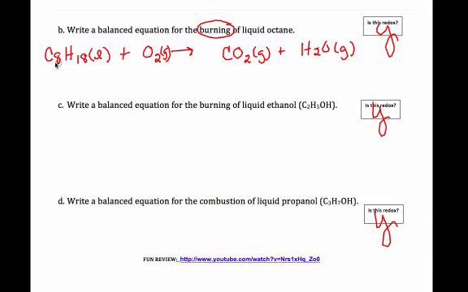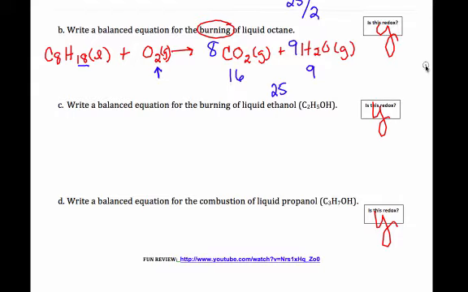Okay, so now we want to balance this. Start with your carbons, so I'm going to put an 8 here. Then my hydrogens, I've got 18 hydrogens, so I need a 9. So now I have a 16 and 9. That's 25 oxygens. I don't know how I'm going to get 25 out of an O2 directly. Now, I will tell you that at upper levels, you might see 25 halves O2.